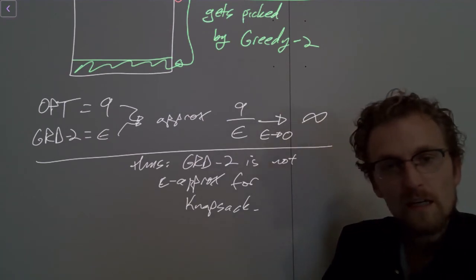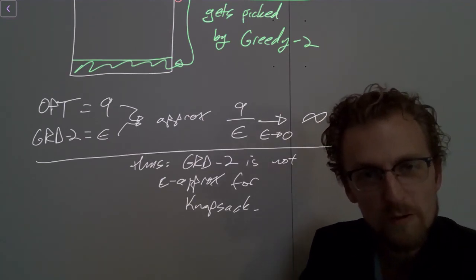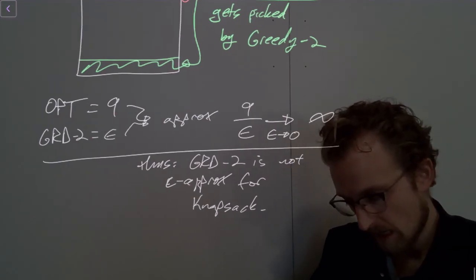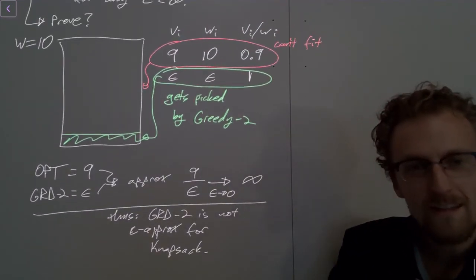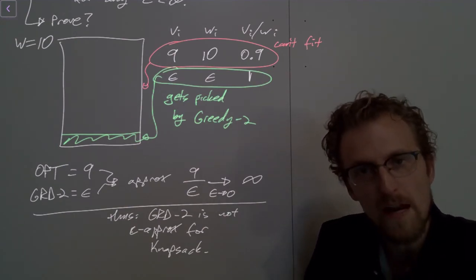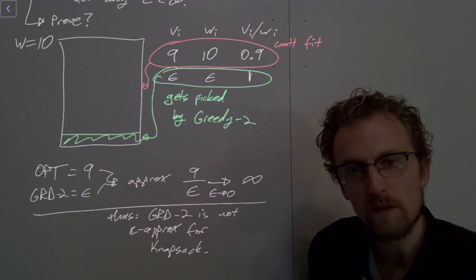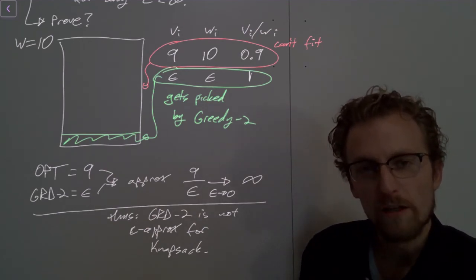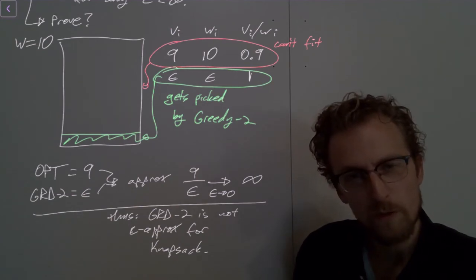So now let me illustrate for you an interesting fact. This is a worst case family of instances, right? The instances parameterized by that epsilon. So, a worst case family of instances for the greedy 2. What happens if I run greedy 1 on this? So remember, what does greedy 1 do?